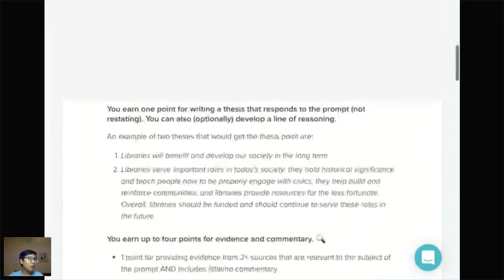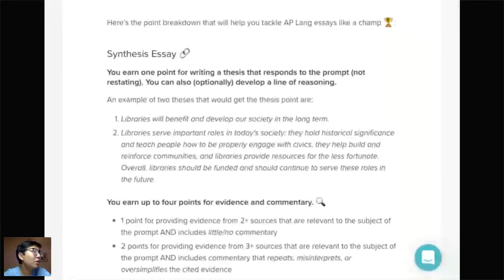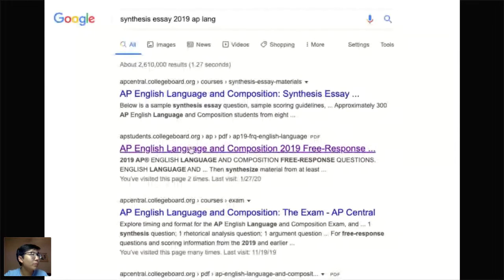So how the synthesis essay works. Here, I'm going to load up something. Okay. So what you'll get on the day of the AP exam is this packet.